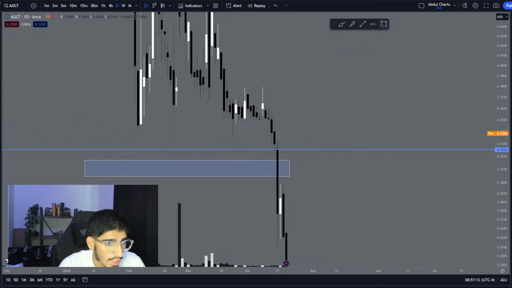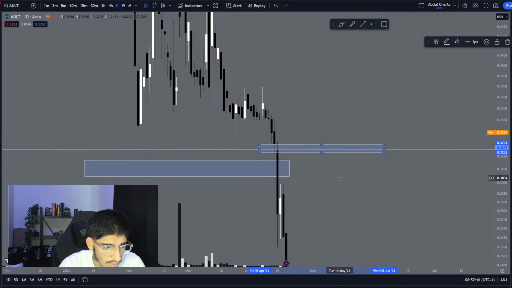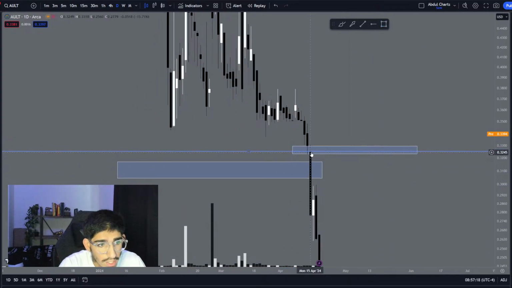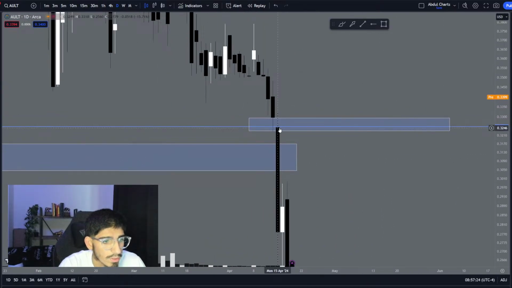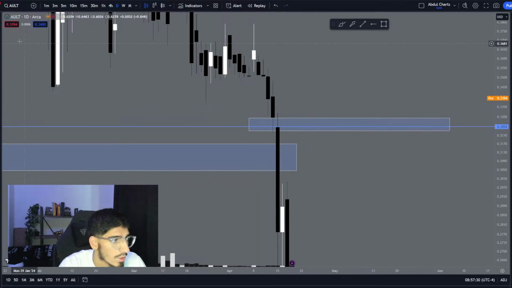I'm also going to mark out this demand zone right here because there are previous buyers on the daily. So we're looking for this area to flip into support, this old massive resistance area, this candle open, because it had a massive drawdown, plus previous buyers in this area. So this is our add zone. We have broken over it.